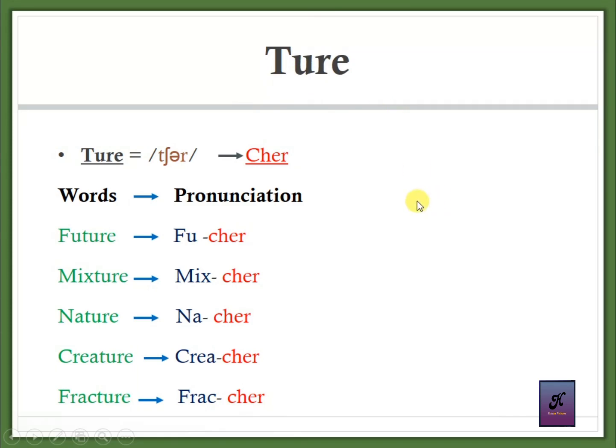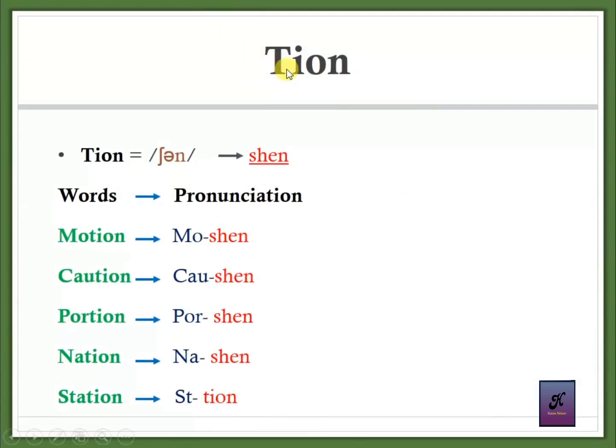Okay, let's have the other syllable, which is T-I-O-N. What sound will come out of this syllable? Let's see it together. T-I-O-N will give you the sound shin when it comes at the end of the word. When we write it as a sound, we write it as sh.